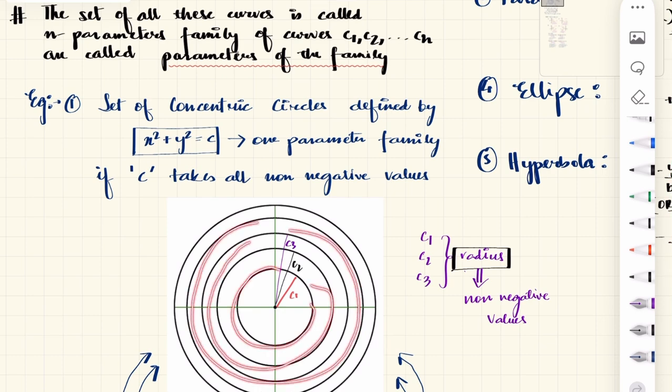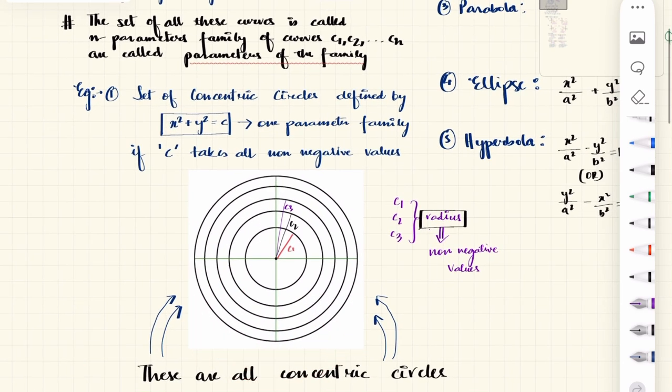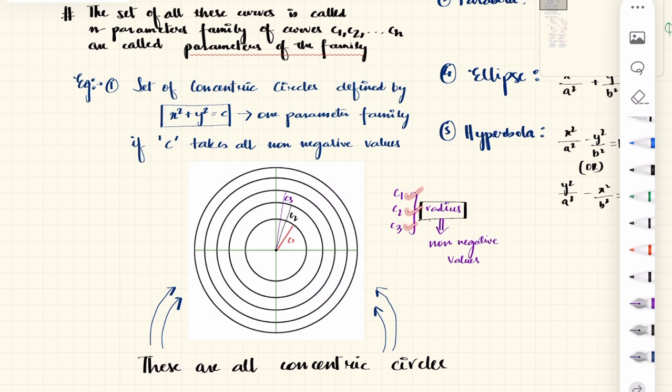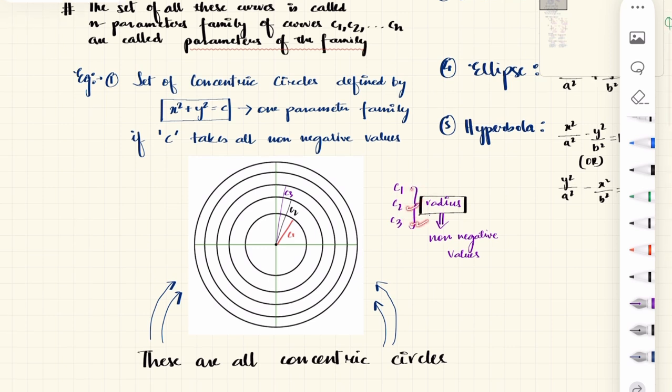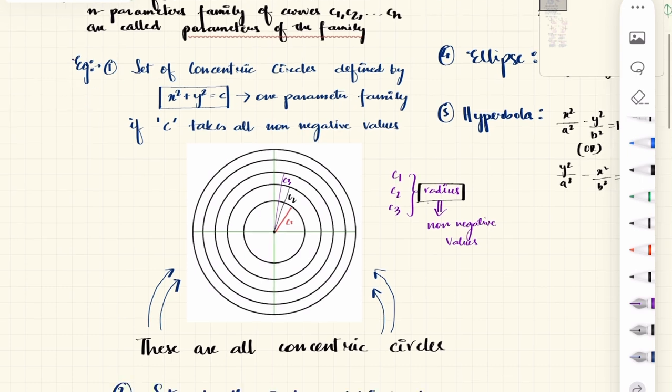All these circles are concentric circles, because c1, c2, c3 are all radii, but different radii. For different radii, it forms different concentric circles, but all these are called concentric circles. Yes or no?